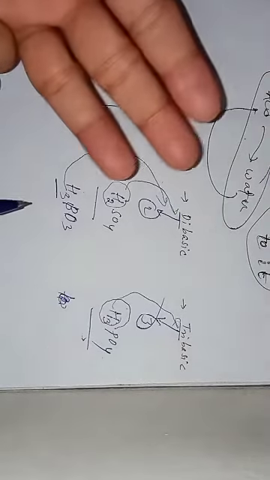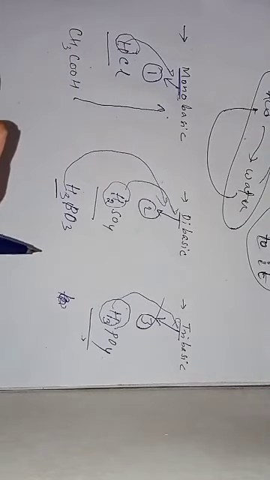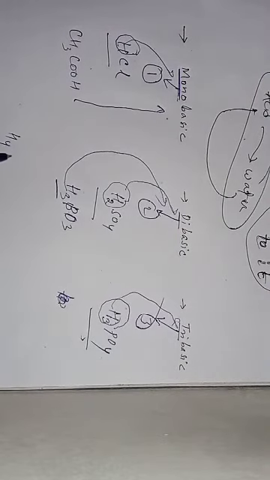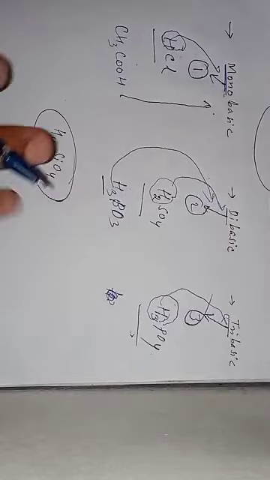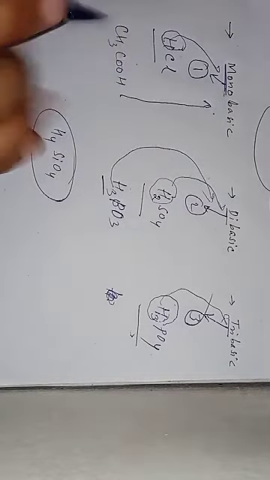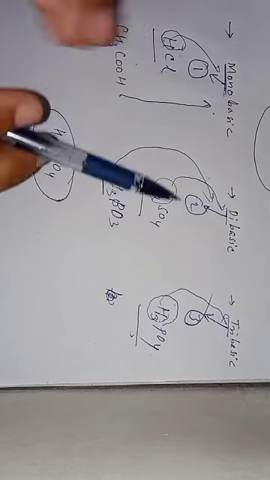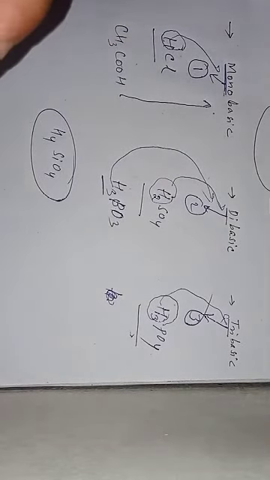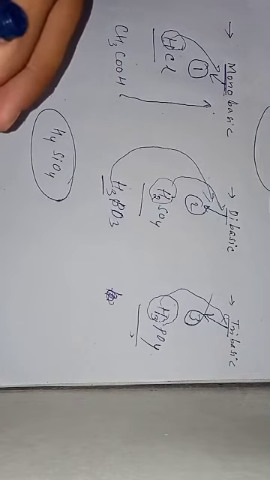If they are producing 3 hydronium ions, they are tribasic. And there is an acid which is tetrabasic, that is H4SiO4. But we will be focusing on these three types of acids. So in the next video, I'm going to explain the details of these acids.